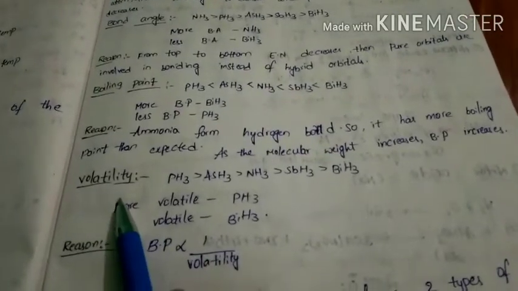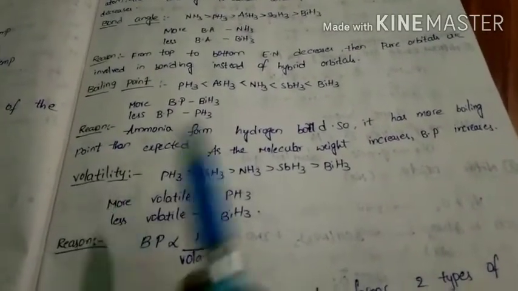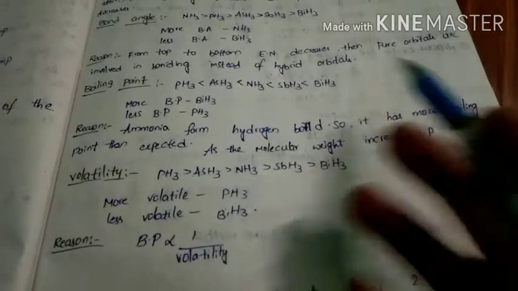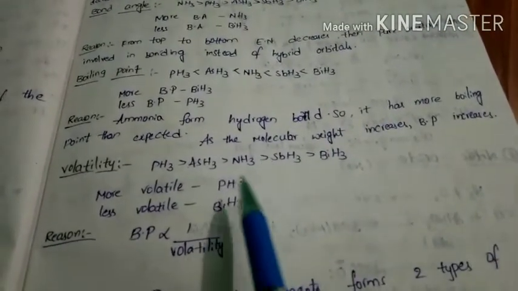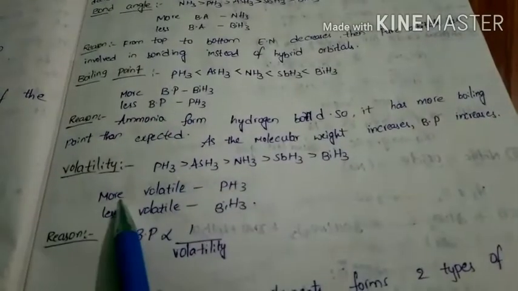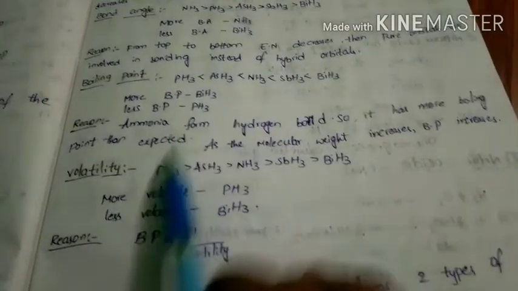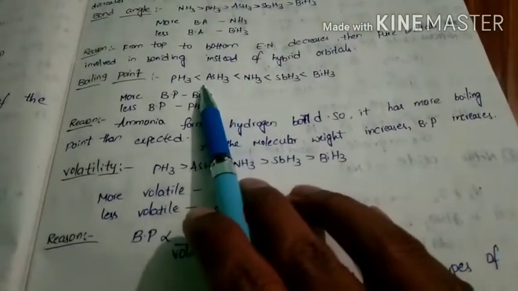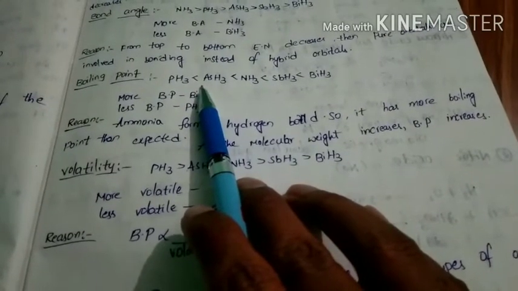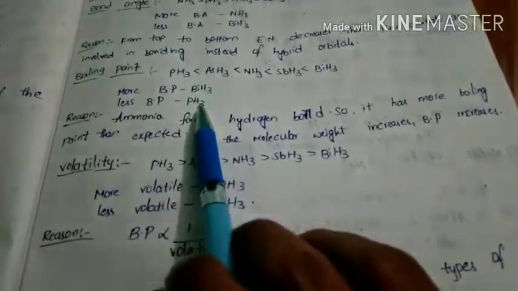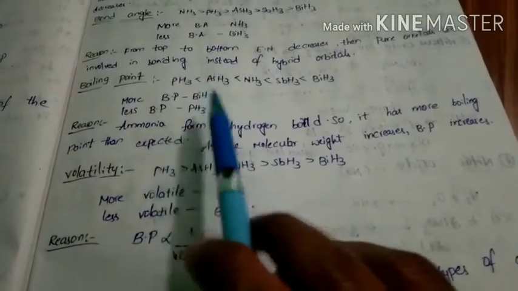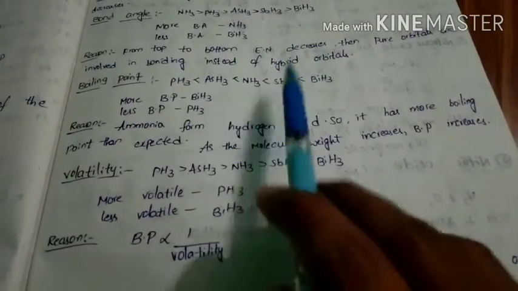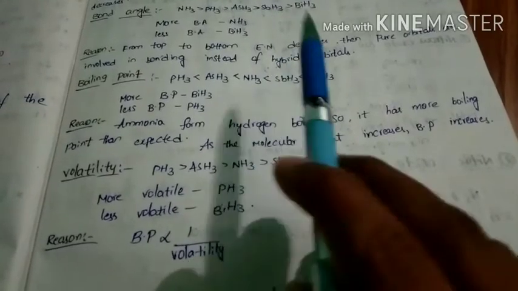Next, volatility. Volatility means the tendency to evaporate. Between boiling point and volatility, an inverse relation exists. If a substance has more boiling point, it has less volatility. If a substance has less boiling point, it will have more volatility.